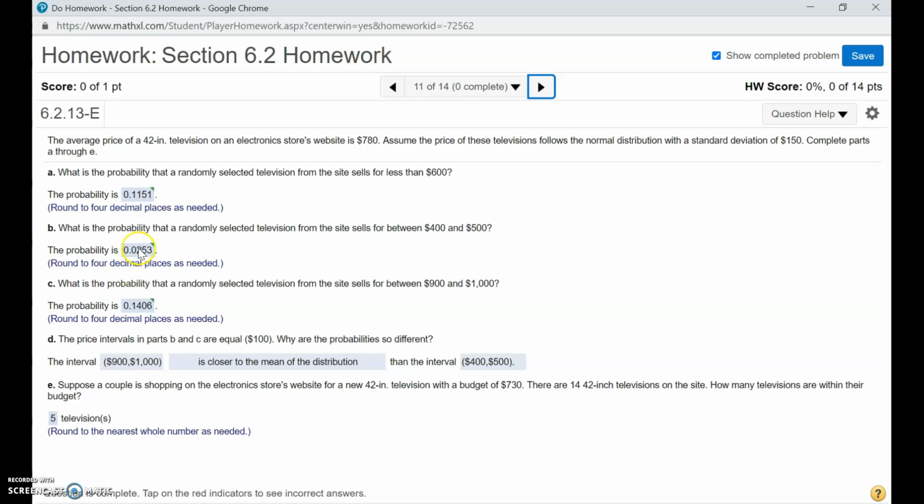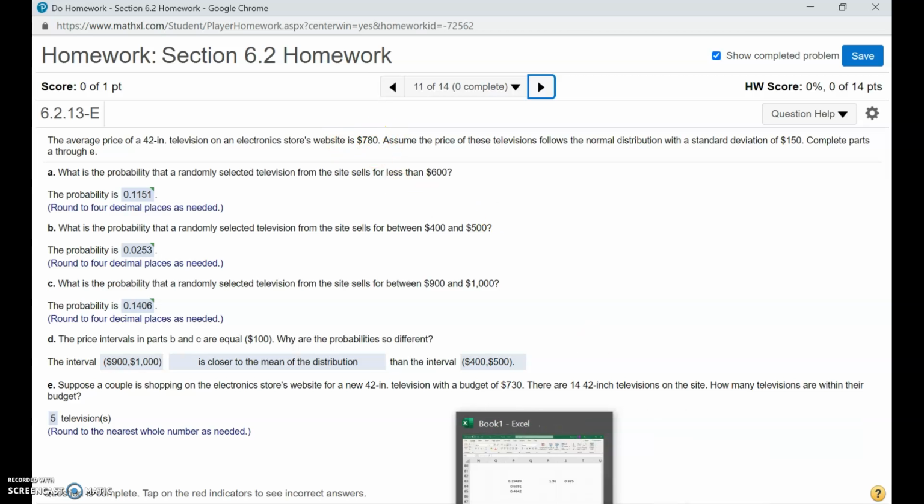Do you notice that the probability of B happening is about 2%, and the probability of C happening is greater, 14%? They're both a $100 spread, but look at your mean up here. Your mean is 780, so 900 to 1,000 is closer to your mean.